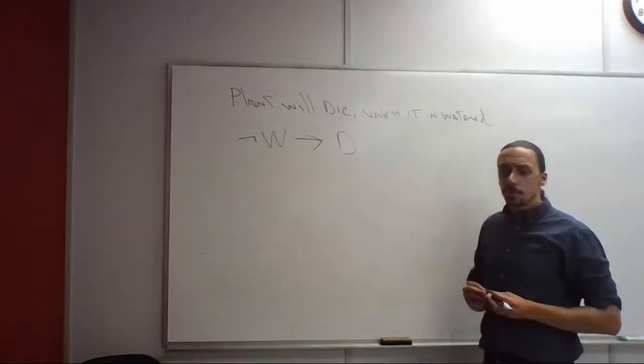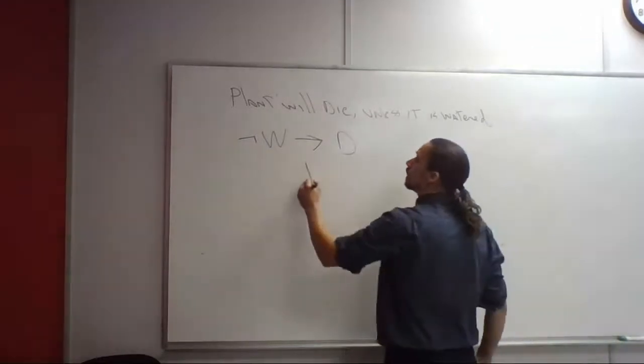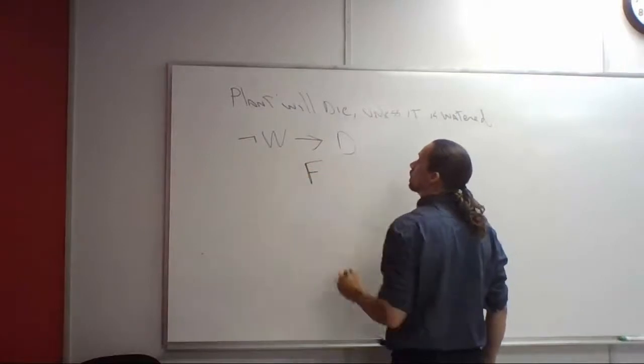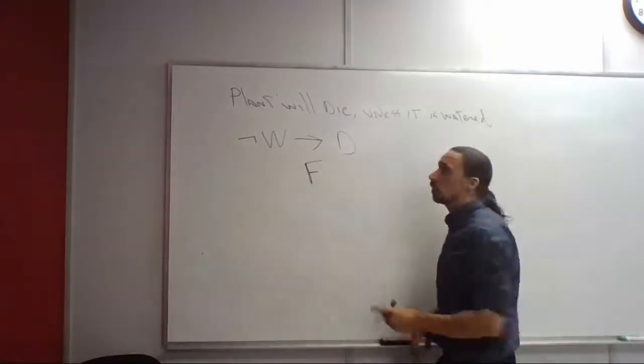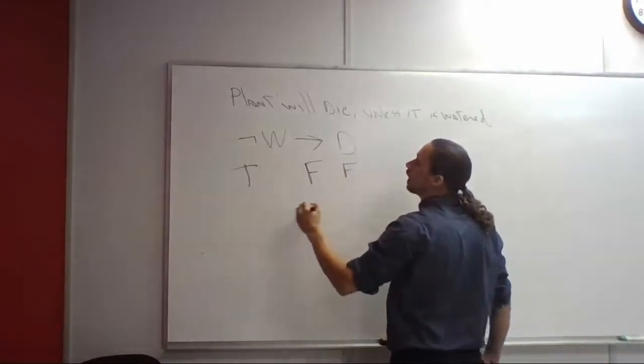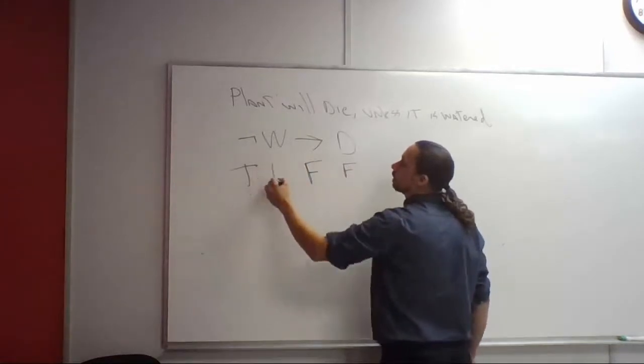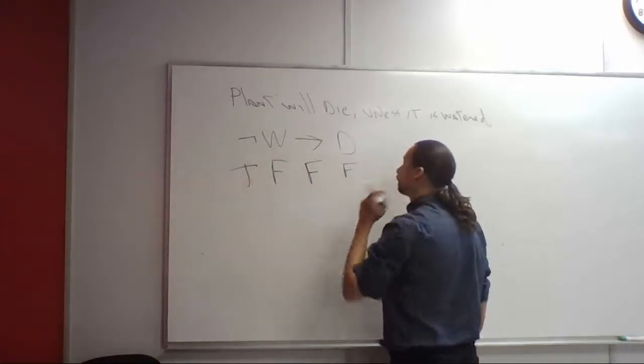Now, the way I told you to think about it is in terms of the falsification conditions, i.e., when is somebody saying something that is not true? Now, when is a conditional false? When the antecedent is true but the consequent false. So die is false, but not watered is true. So watered is false.